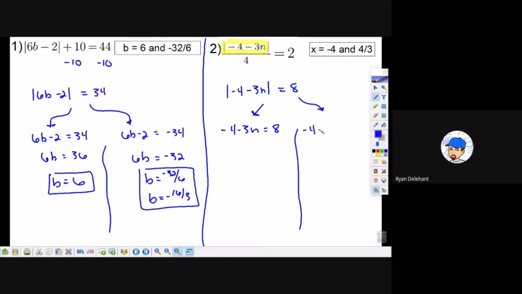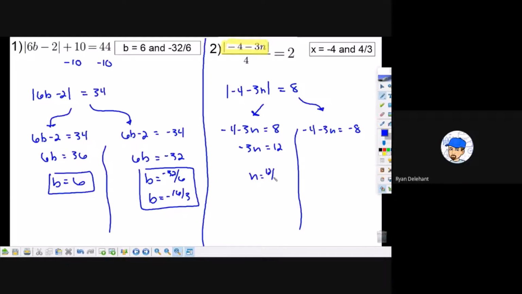And negative 4 minus 3n equals negative 8. You can get 8 or negative 8 to make that a true statement. So we're going to add this 4 to the other side. And then divide by the negative 3. And that's where the negative 4 comes from.